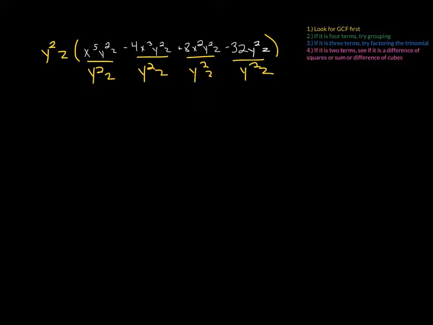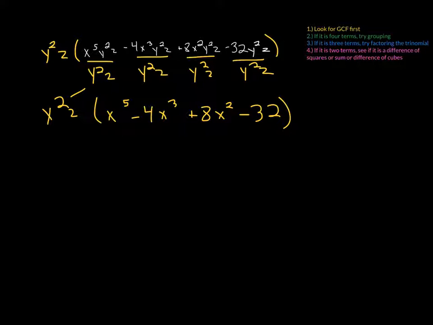And when we factor that out, one of the factors is our common factor, y squared z. And then we're left with x to the 5th minus 4 x cubed plus 8x squared minus 32.